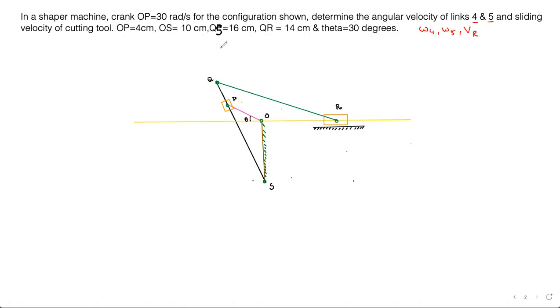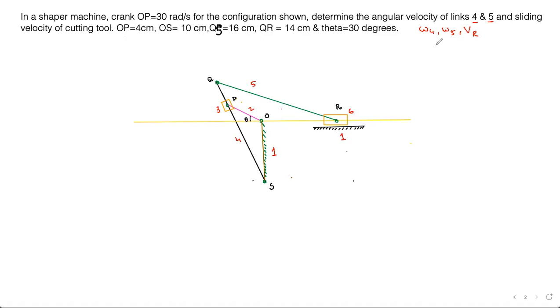Now, based on our concept, according to our previous video, first we should give numbering. All the fixed links are 1. So 1, then 2, 3 is the slider and 4 is the lever, and this is 5, and this slider is 6. Total 6 links.